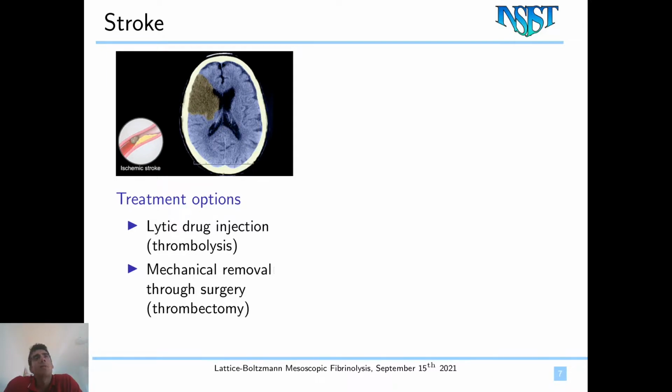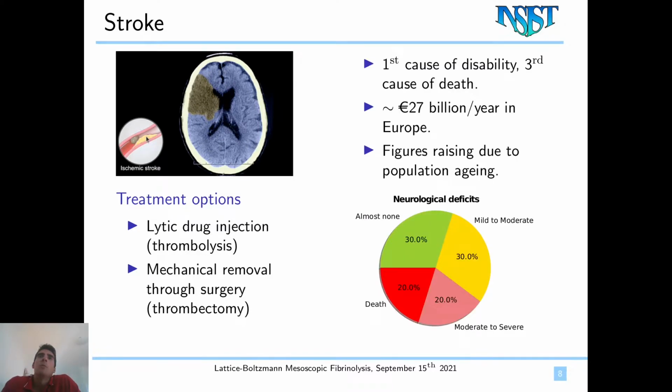With a stent, we will pull out the thrombus from the vessel. So these are some figures for stroke, and these figures are not improving because of the aging of the population due to the improvement of our life quality.